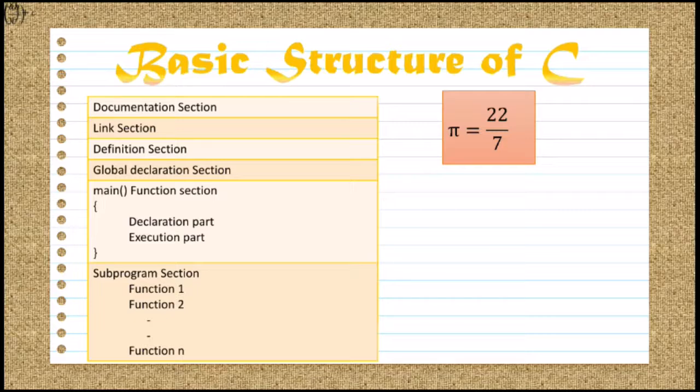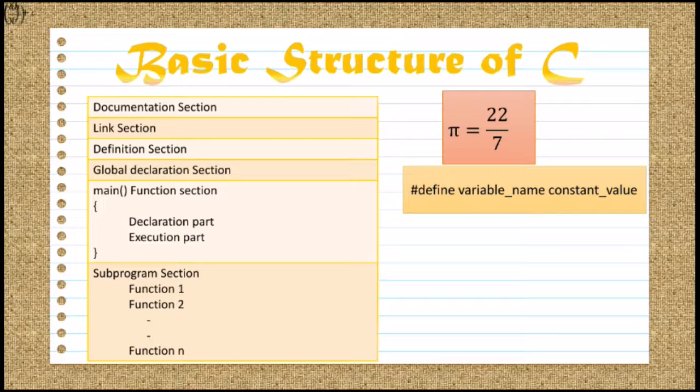To declare a symbolic constant, first write the symbol hash followed by the word define, then a single blank space followed by the variable name, and then again a blank space, and finally the value of the constant.